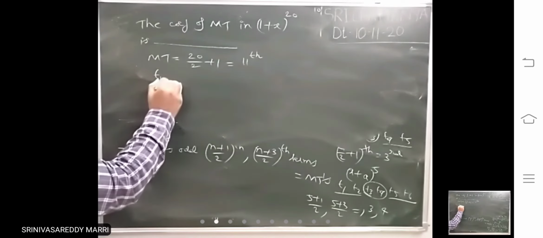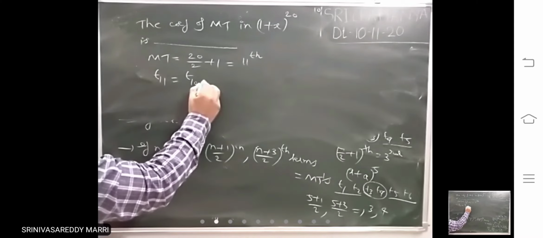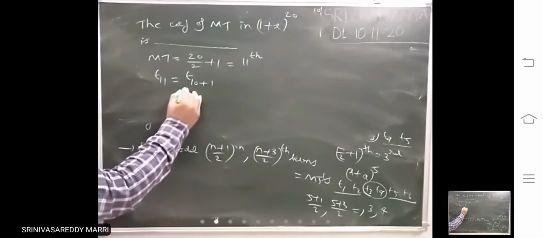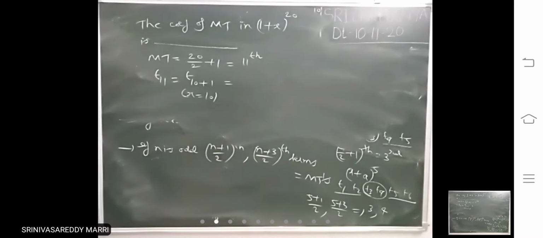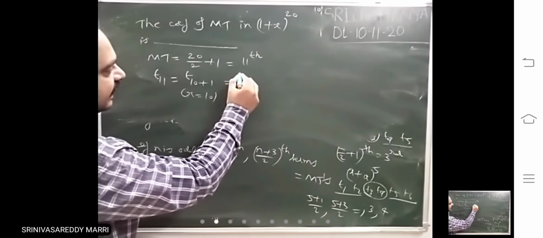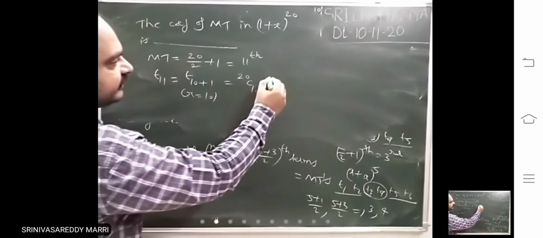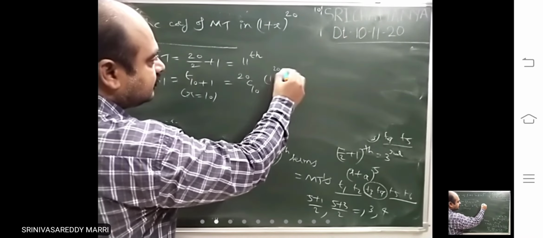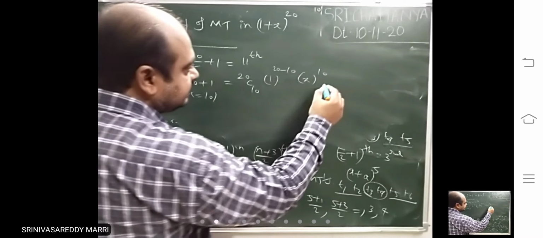The 11th term T11, I am writing directly, okay. T10 plus 1, like this you write. That means here r equals 10. So what you have to write? General term nCr, that means 20C10 into first variable to the power 20 minus 10 into second variable to the power this.